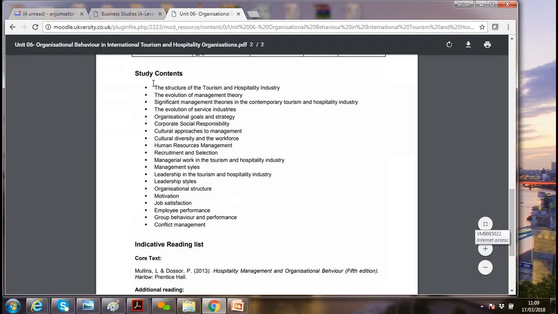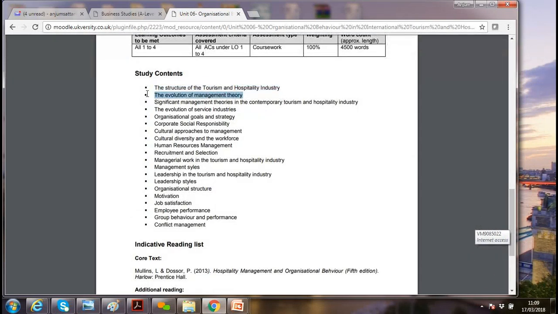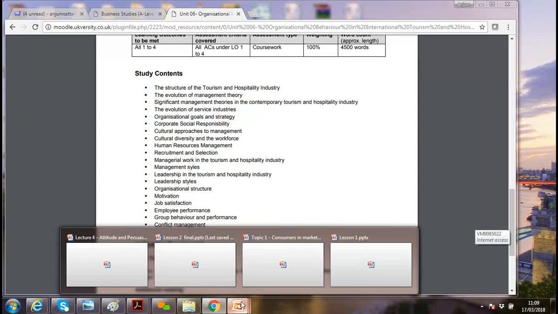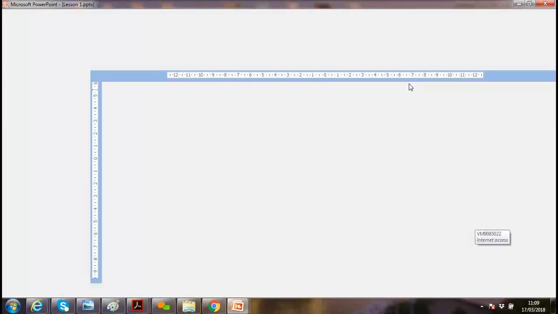We'll go through what is meant by hospitality industries, the objectives of the tourism or hospitality industries, and what an organization is. And we'll go through organization structure, like a flat structure, a tall structure, and different structures within our organization.